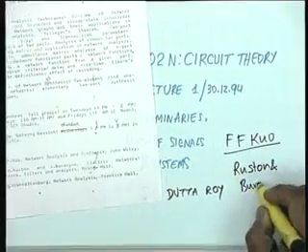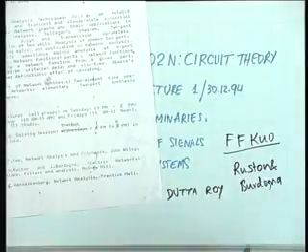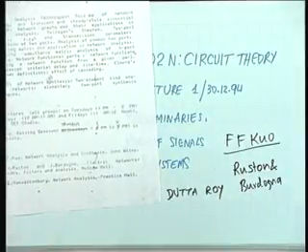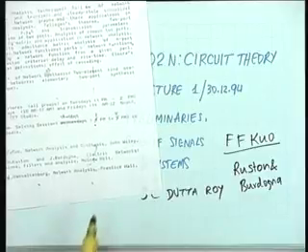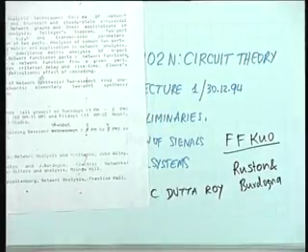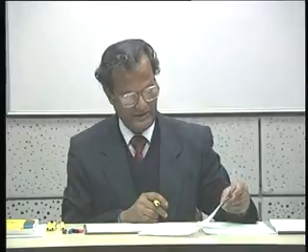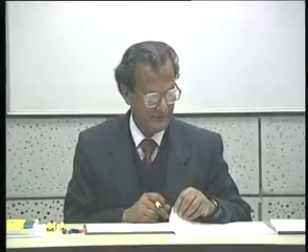This is available in the library and very small parts shall be taken from there. We will also have occasions to refer to the 3rd book, M. E. Van Valkenburg, Network Analysis, published by Prentice Hall. This is also available in inexpensive edition, and I shall sometimes refer to this, particularly in the problem solving sessions.